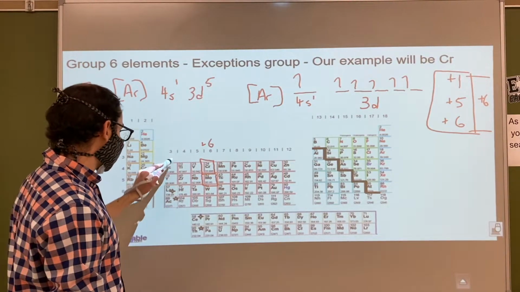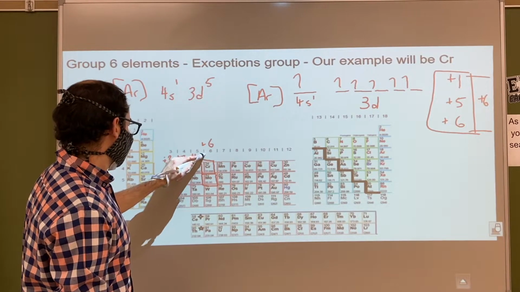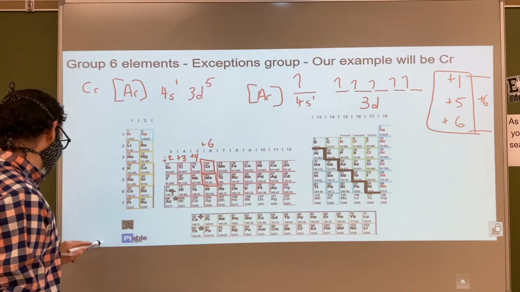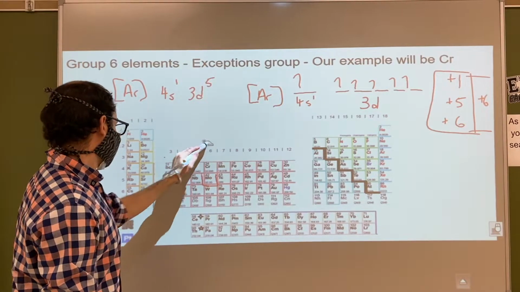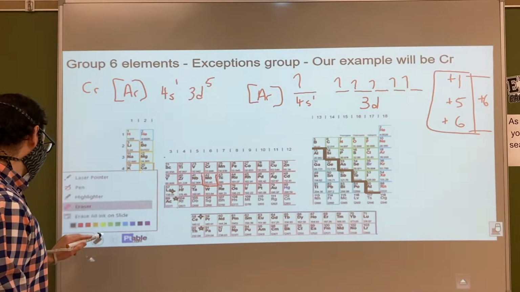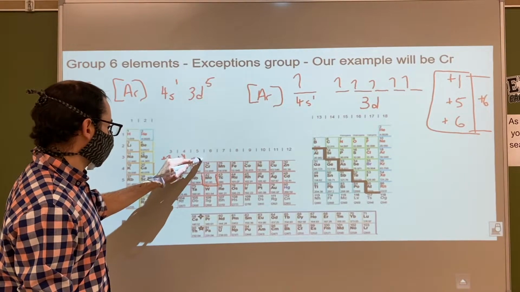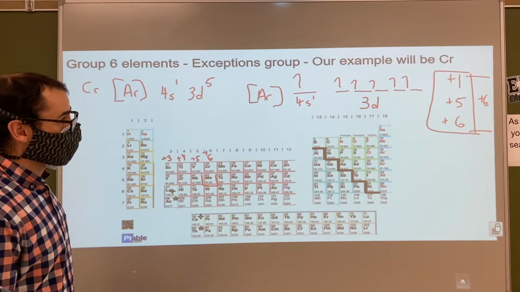So as you move across, you're getting +2, +3, +4. Oh, just kidding. Can't count. I should have started at 3. So we have +3, +4, +5, and +6 for these.